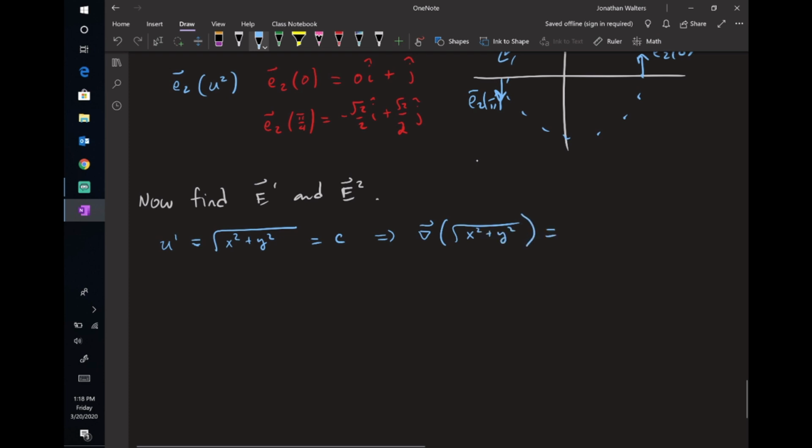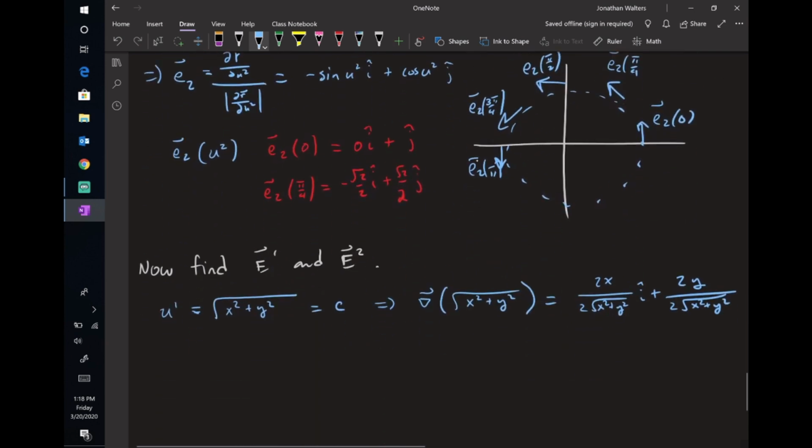The gradient of that function is going to be 2x over 2 square root of x squared plus y squared i hat plus 2y over 2 square root of x squared plus y squared j hat.